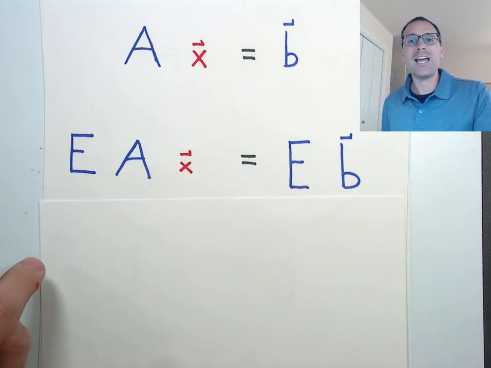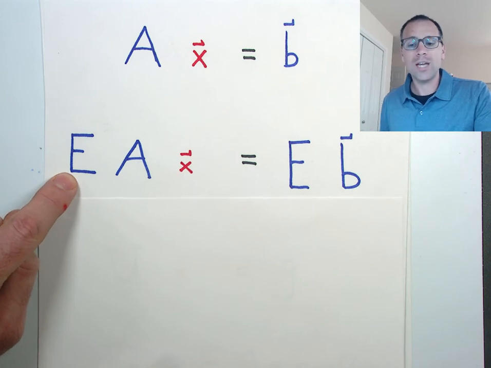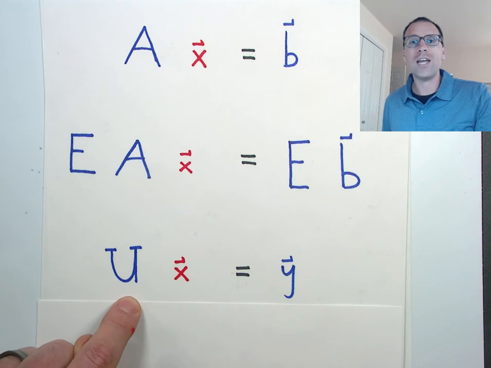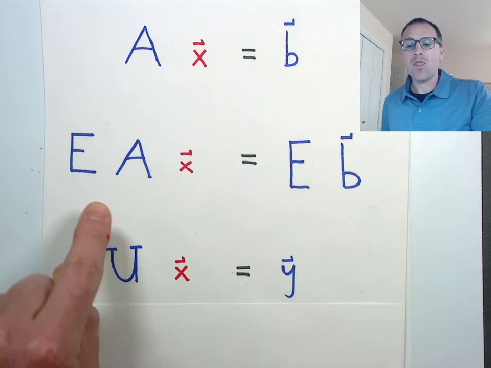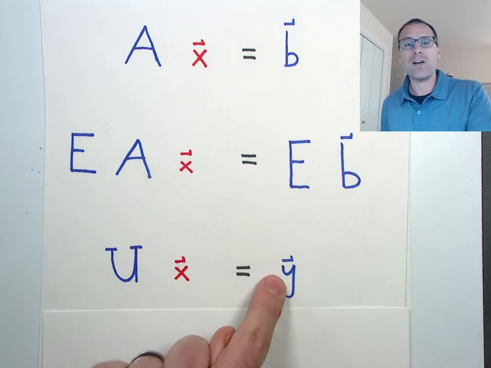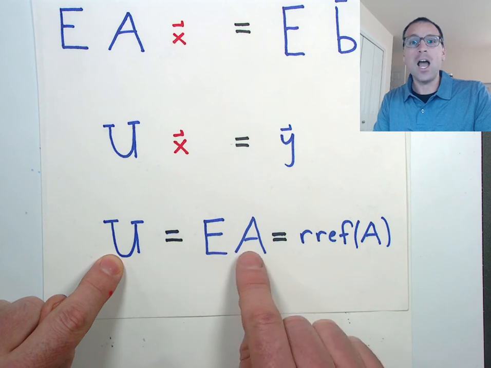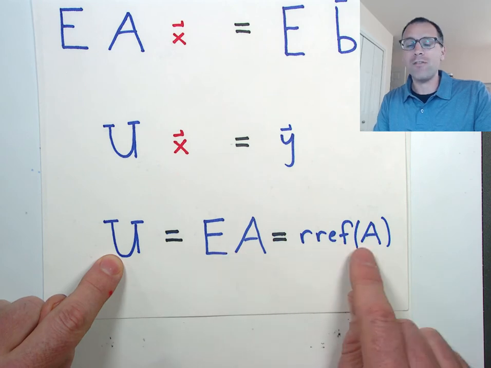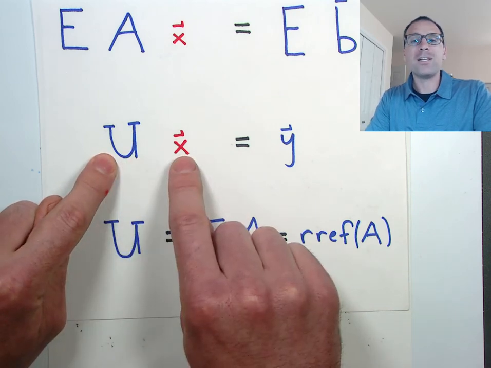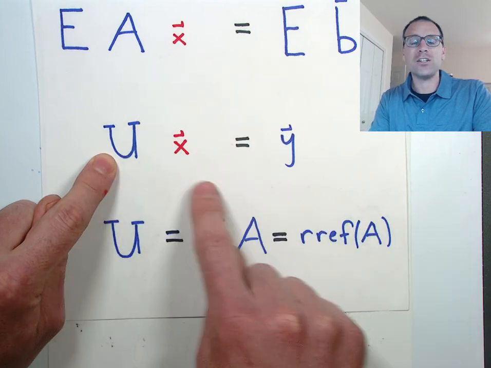E times A, we will continue to transform to reduce A until we get A in row reduced echelon form. Those transformations, when we apply them to b, that final vector we're going to call y. Once we have U equals E times A, the RREF of A, then we're going to use U to find the complete solution that solves this equivalent linear systems problem.